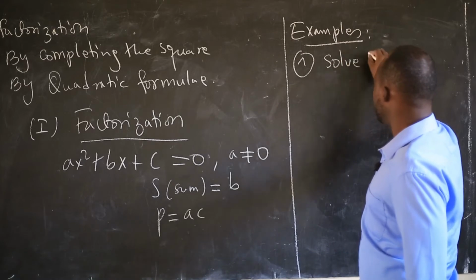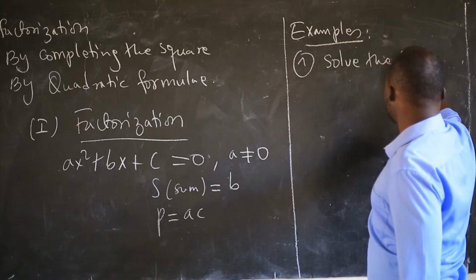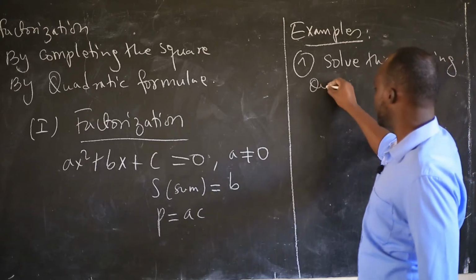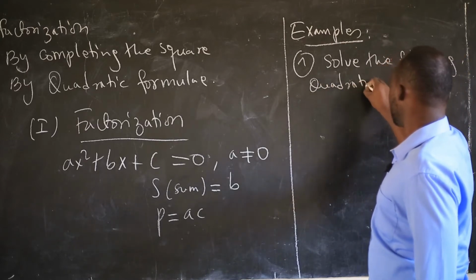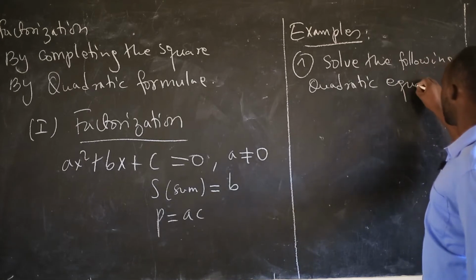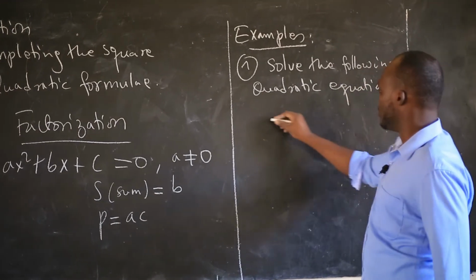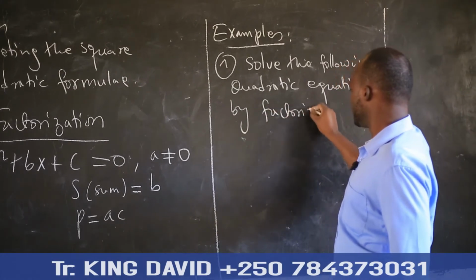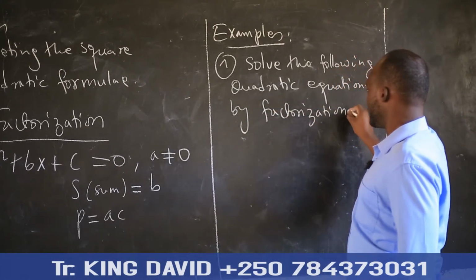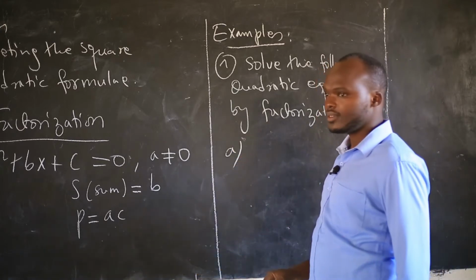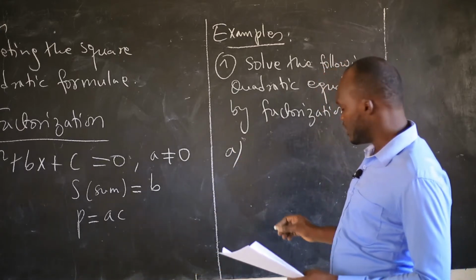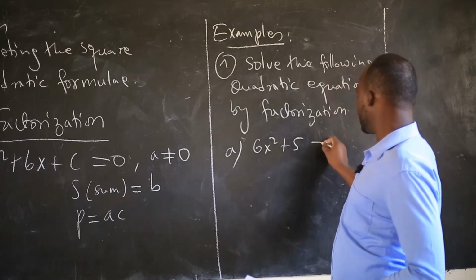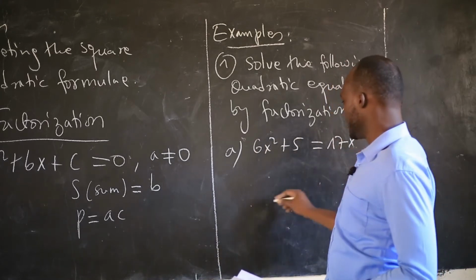Example number 1. Solve the following quadratic equations by factorization. A: 6x squared plus 5 equal to 17x.